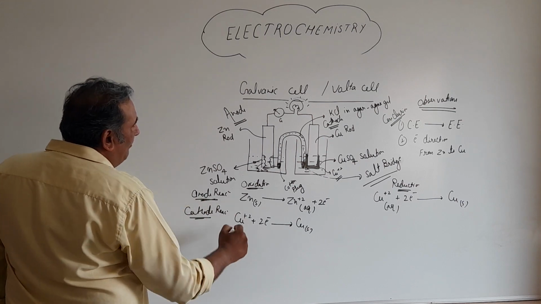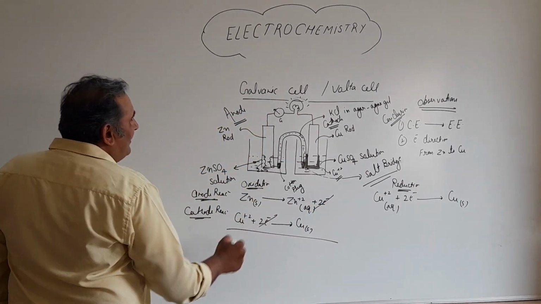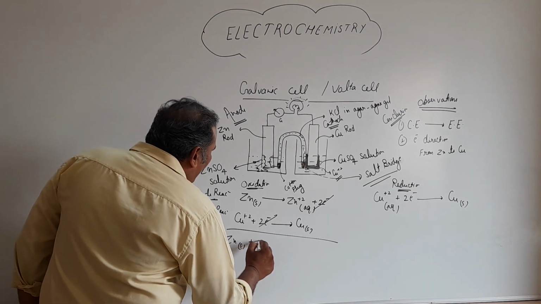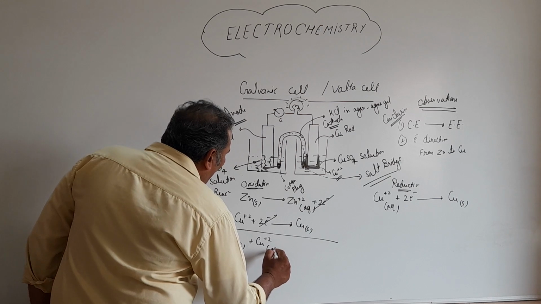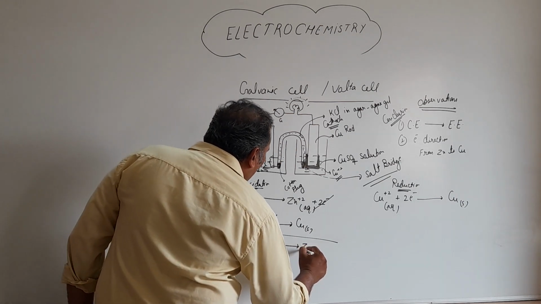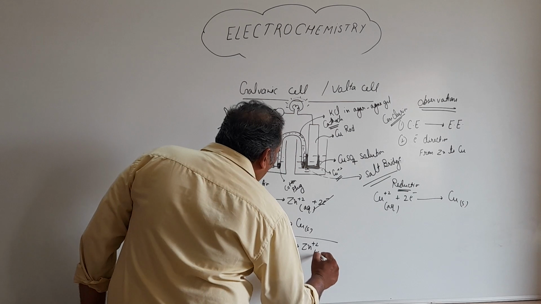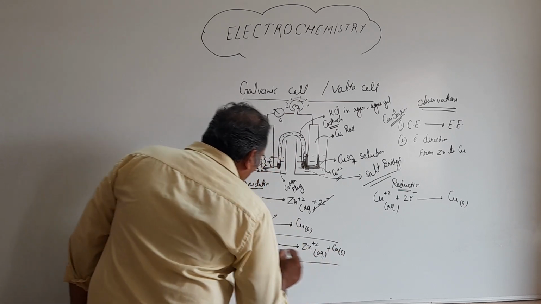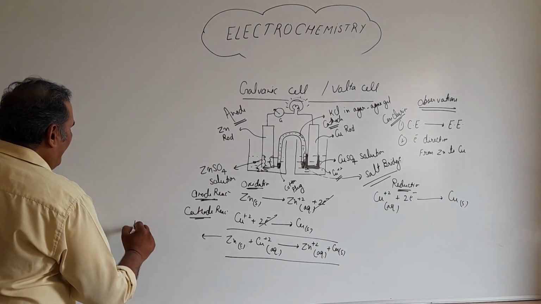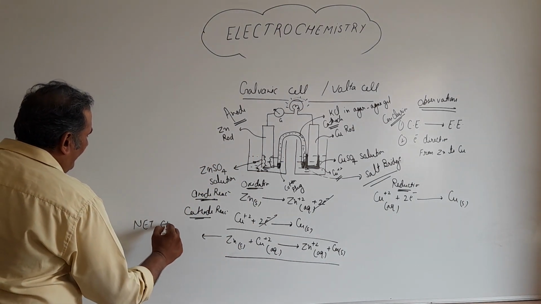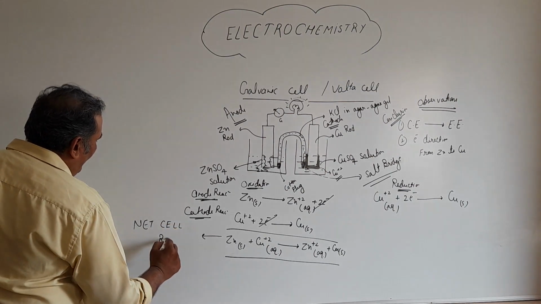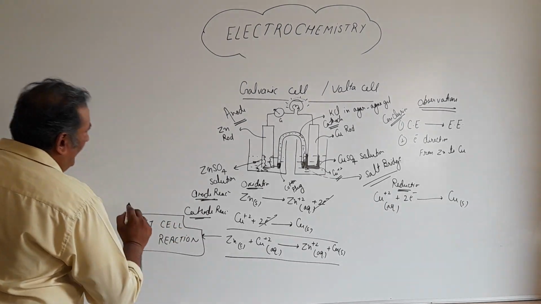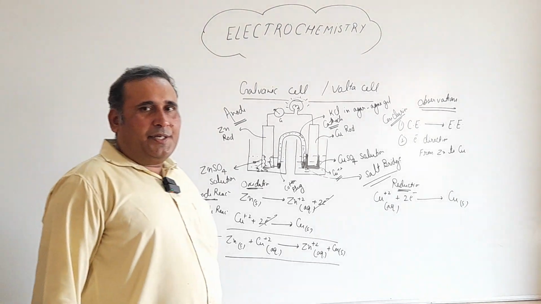If we add both reactions, 2 electrons will be cancelled out, then our net cell reaction is Zn solid plus Cu+2 aqueous gets converted into Zn+2 aqueous plus Cu solid. So that is our net cell reaction.